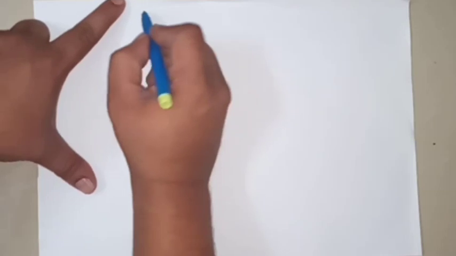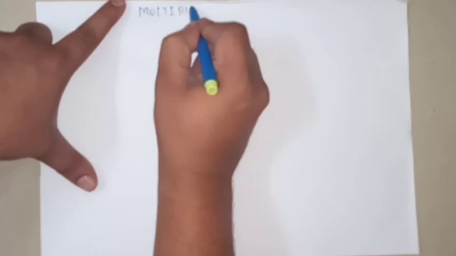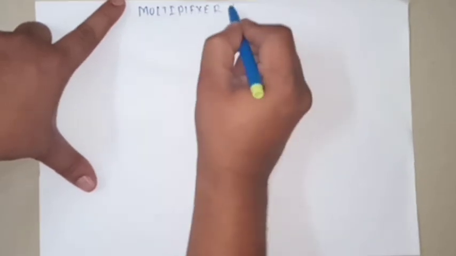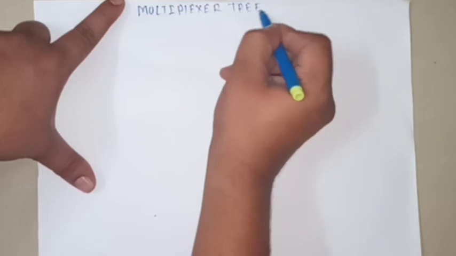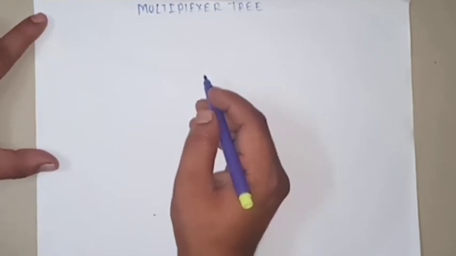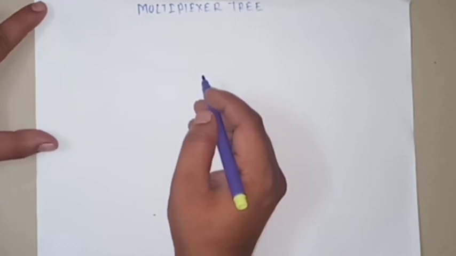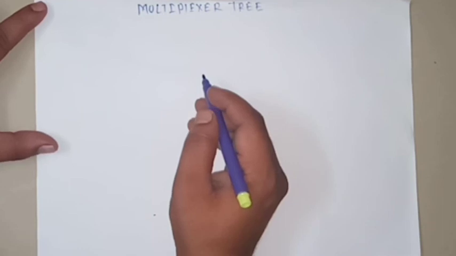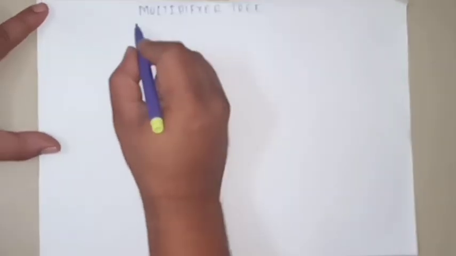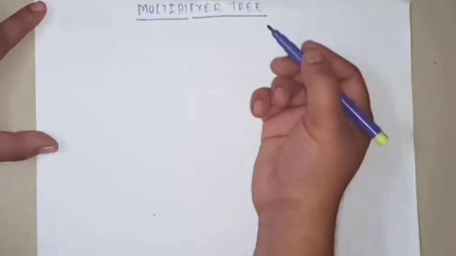Now the next topic is the multiplexer tree. So what is meant by the multiplexer tree? If we design a multiplexer tree, it is possible to design a higher order multiplexer using lower order multiplexers.